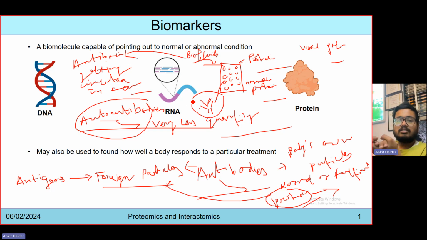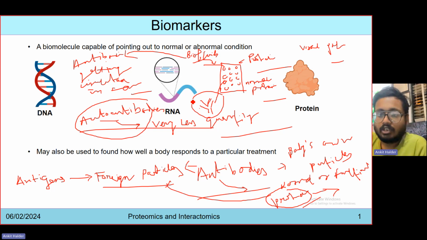Then the antibodies are generated against those truncated proteins or different mutated proteins. So that also rises in our body against those particular proteins. So in that manuscript that I showed in the previous week, one can get an idea of the cancer disease as well as monitor the progress of the disease.